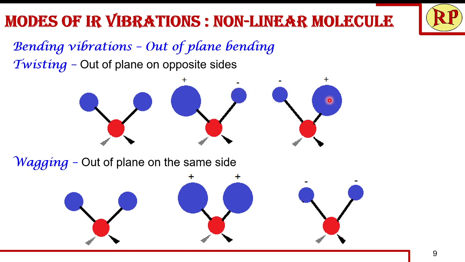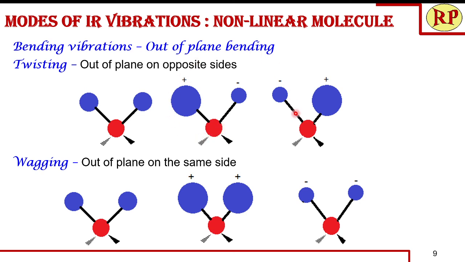This alternately happens. So once when this comes above the paper, the other atom goes below the paper. Similarly, when this goes below the paper, this will come above the paper. This type of bending vibration we call twisting. But when both the atoms come either above the paper like this or both go below the paper, then we call it wagging. Both of these are called out-of-plane bending because the side atoms are moving out of the plane.